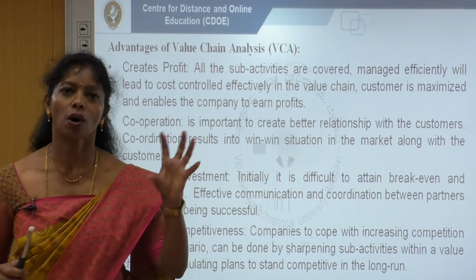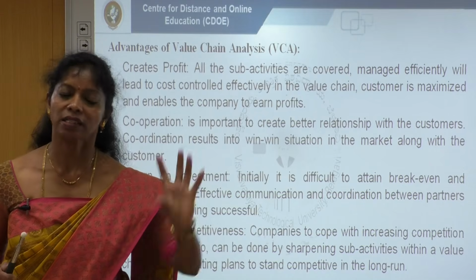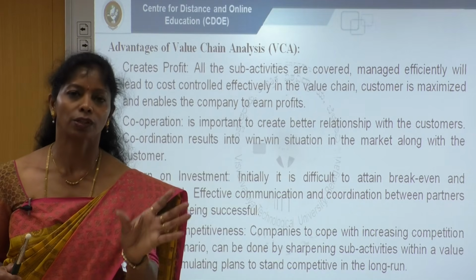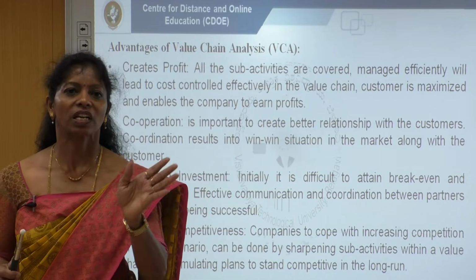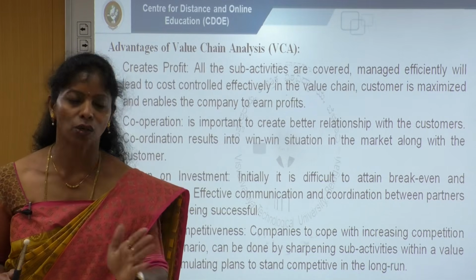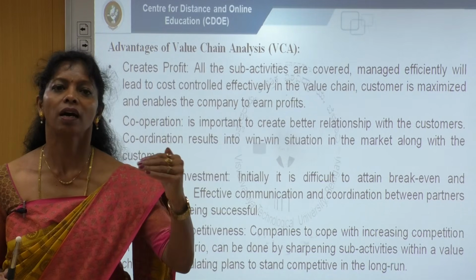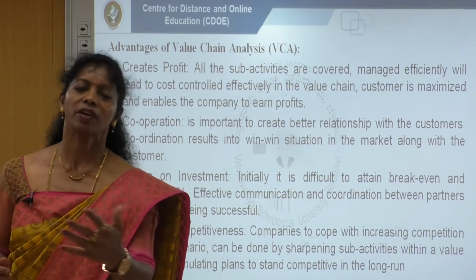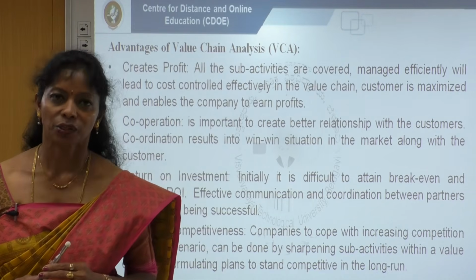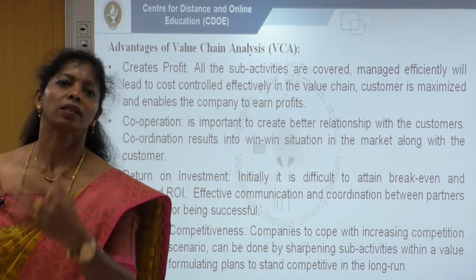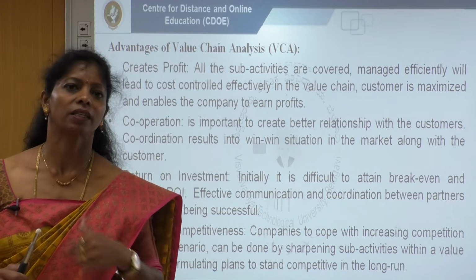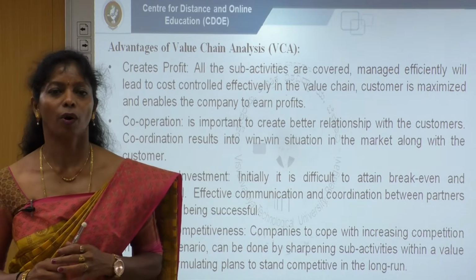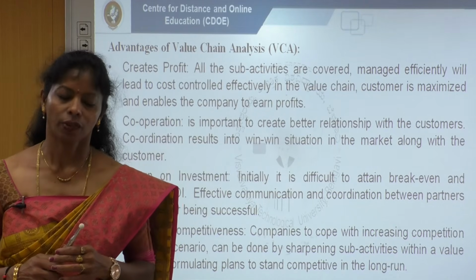Once the cost is controlled, resources are effectively allocated, where wastage is not there and duplicacy is not there. So automatically there is a reduction in the cost. Once the cost is reduced, the product can be given at an affordable price to the consumer. Not only that, in turn it can also earn profits for the organization.